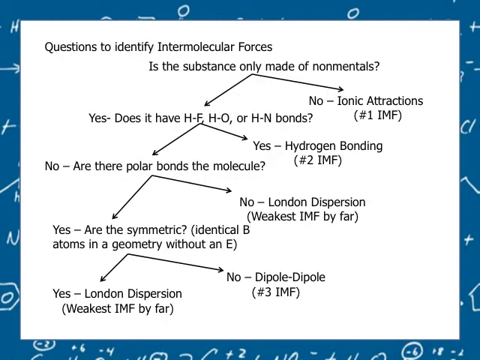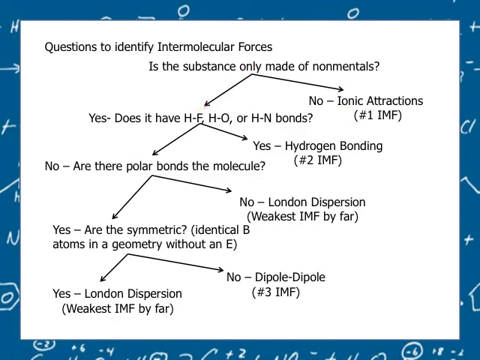We will finish up here with a kind of flowchart, because I love flowcharts, about how to identify the intermolecular force that you have present. Okay, the first question, figuring out if you have an ionic compound or a covalent compound. Is it only made of nonmetals? If your answer is no, you have an ionic attraction, and that is number one, the strongest intermolecular force.